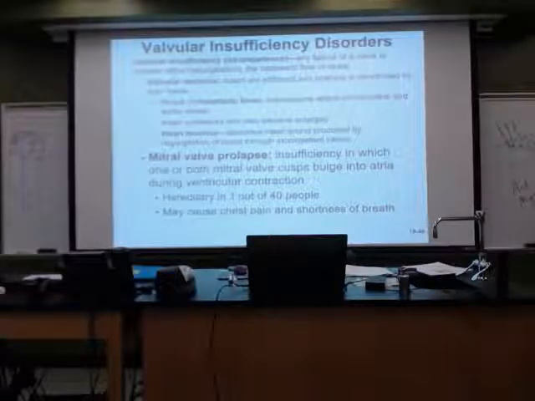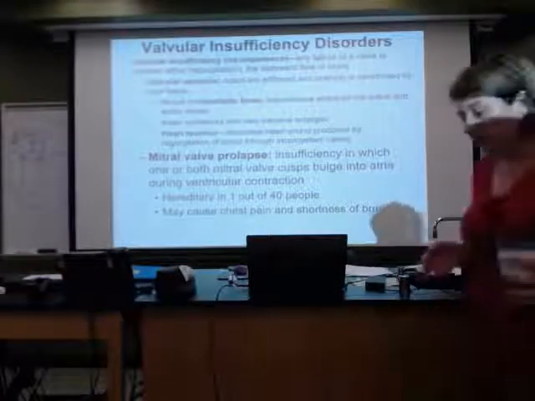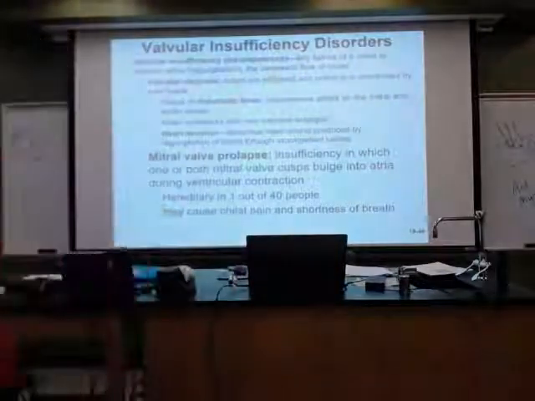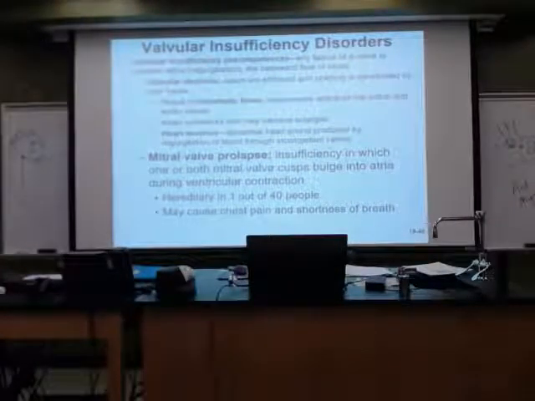Now, usually chest pain, shortness of breath are some of the signs that this might be happening. They'll check for this. It can be hereditary. They'll usually talk about maybe, as it progresses, doing a valve replacement. Okay, that is an option that you have now.